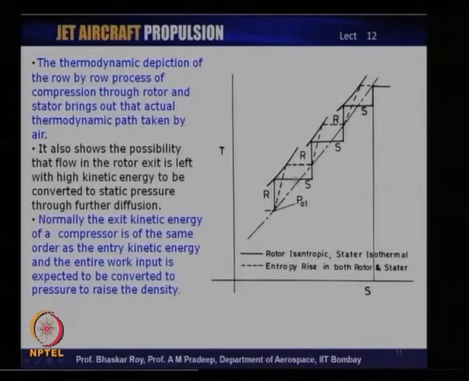So, this is the isothermal work that we were talking about, and this is the isentropic work that we were talking about earlier. Along this, k is equal to gamma, along this, k is actually equal to 1. So, it is a combination of these two that make up the entire compression process through rotor and stator. That is how the work through the compression process actually proceeds.